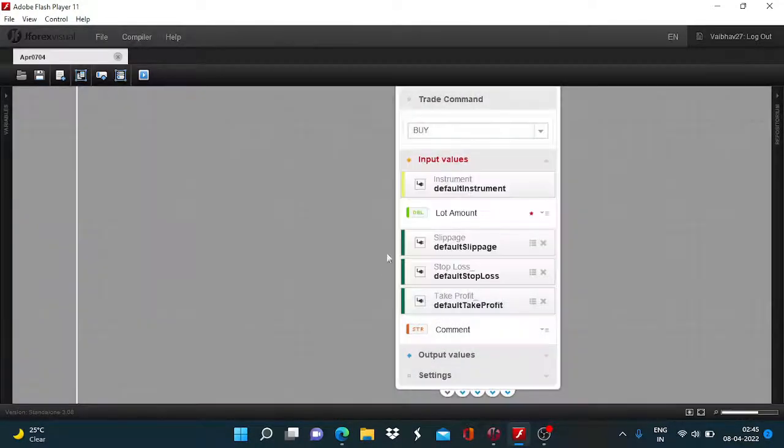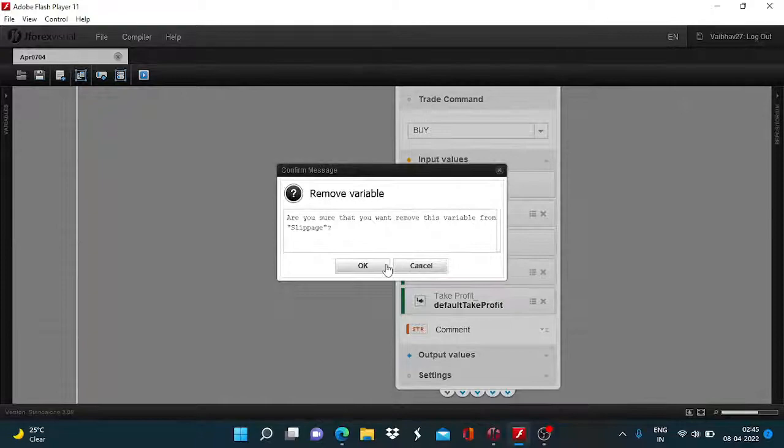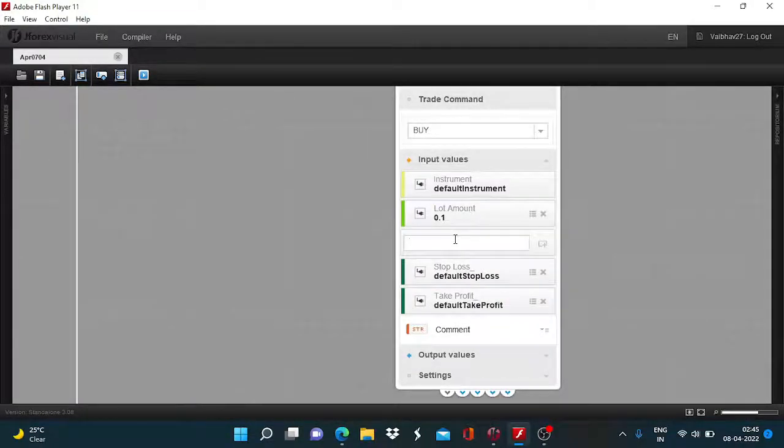Trade amount I will change to 0.1 million. Slippage is going to be 2 pips.